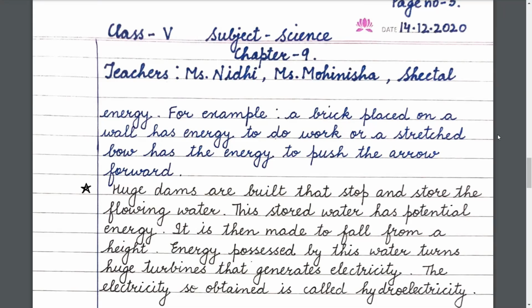So the energy possessed by this flowing water turns huge turbines that generate electricity, and the electricity so obtained is called hydroelectricity.